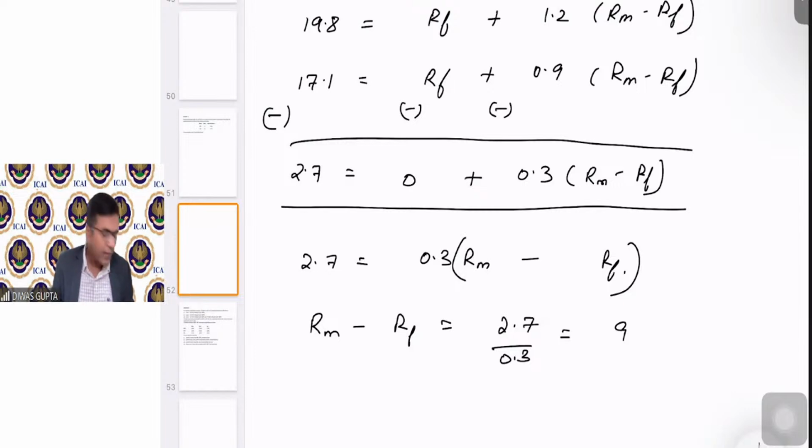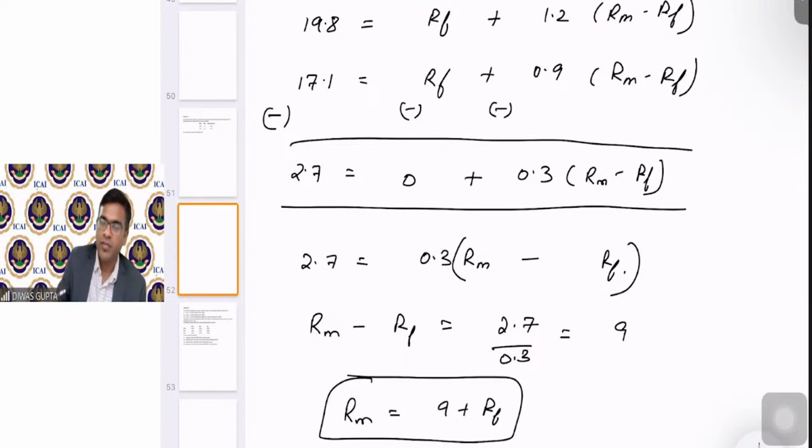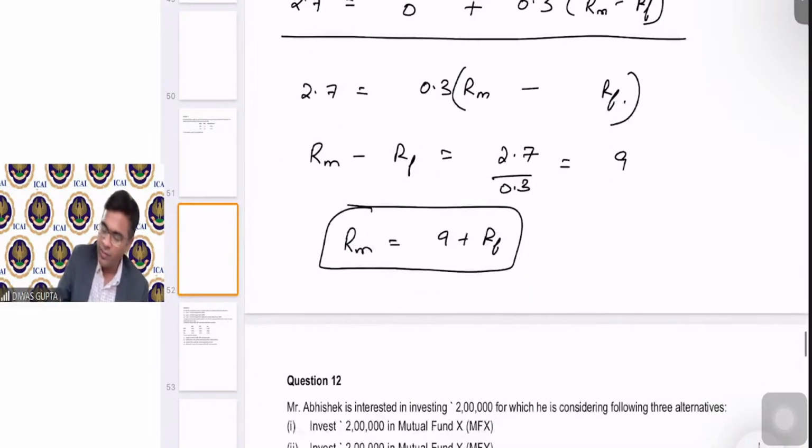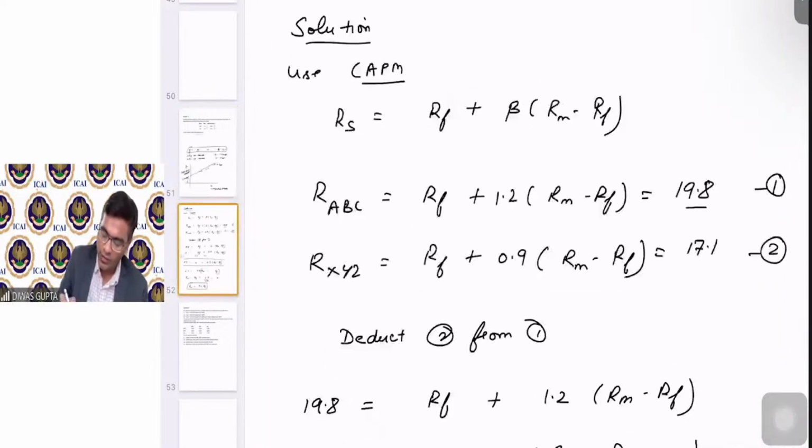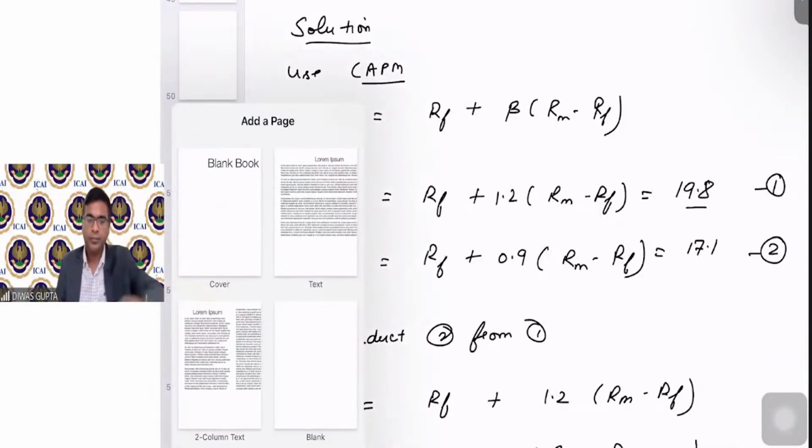So RM is equal to 9 plus RF. This is what we have got from here. If we substitute this in equation 1, we will get the values.